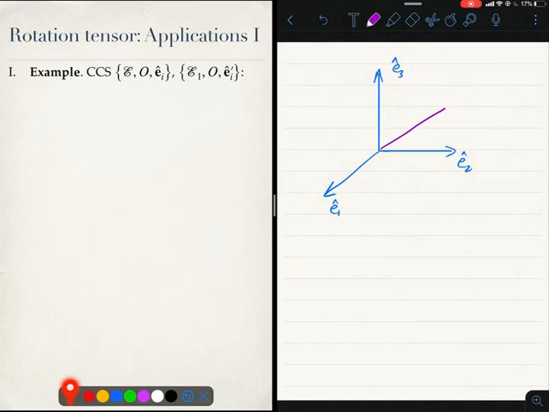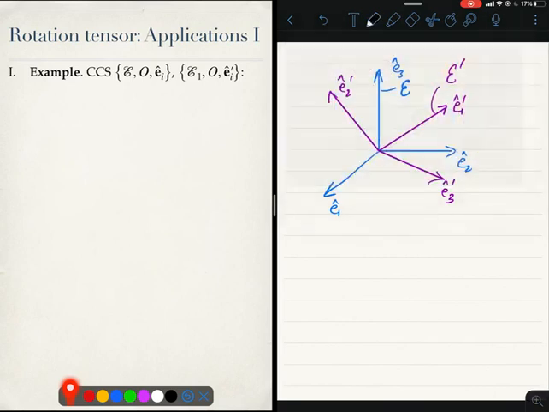So that's, let's say, E1 prime, E2 prime, E3 prime. So this is the coordinate system E prime, while this is the coordinate system E.